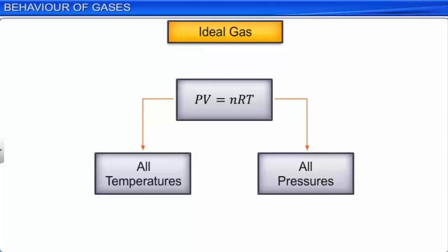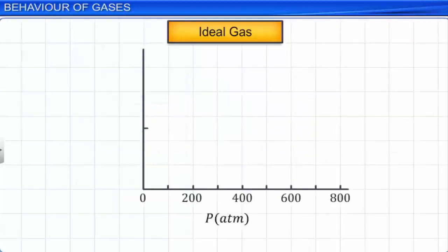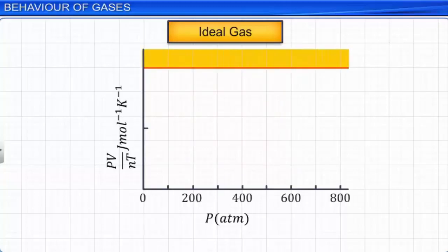If we plot a graph by taking pressure on the x-axis and PV by nT on the y-axis, the graph is a straight line parallel to the x-axis for an ideal gas. That is, the value PV by nT is constant even when pressure changes.